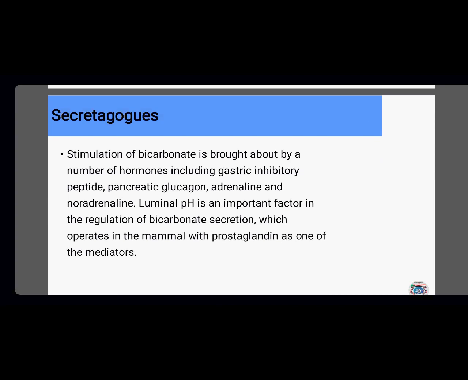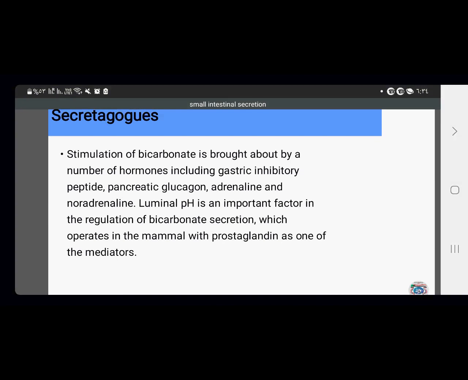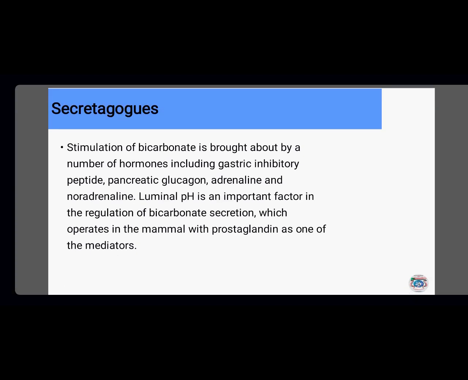Luminal pH is also an important factor in the regulation of bicarbonate secretion. That means when the pH is increased, the secretion of bicarbonate is decreased, and vice versa, which operates in the mammal with prostaglandin as one of the mediators.